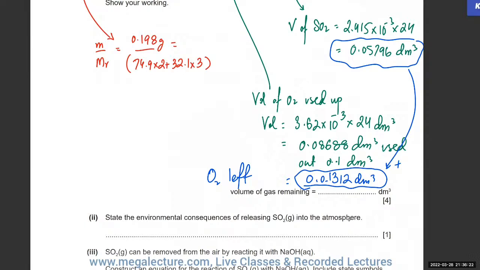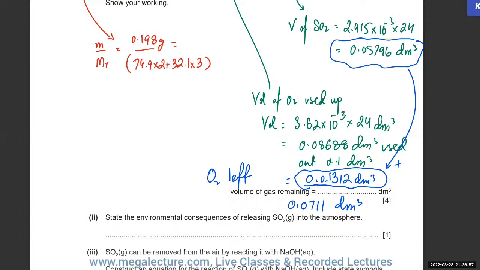So the final answer is 0.07108, and I'm going to round it off to 0.0711 dm cube.